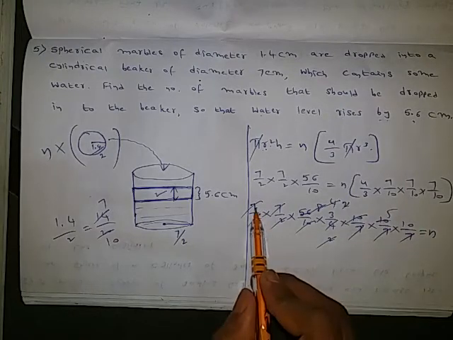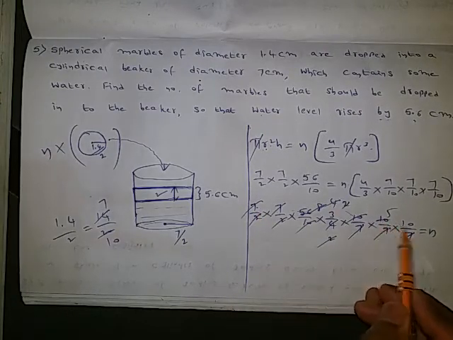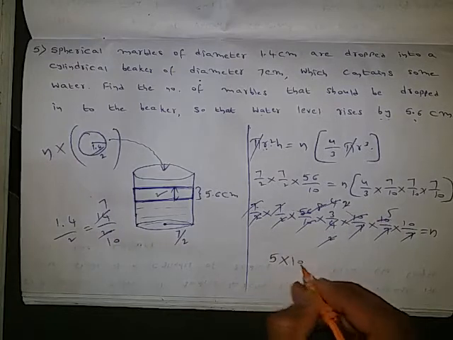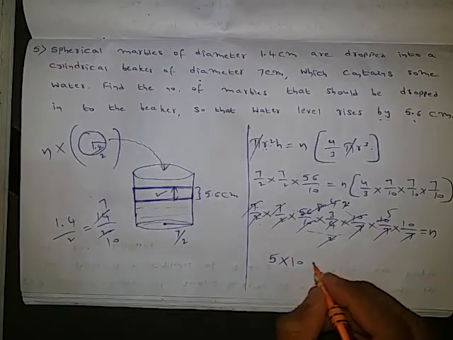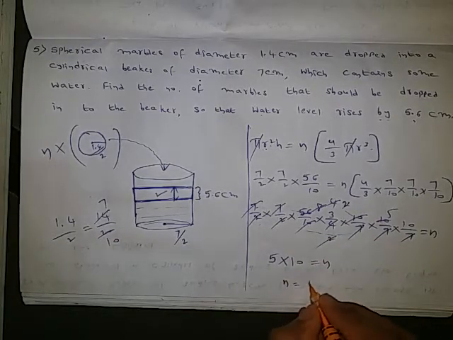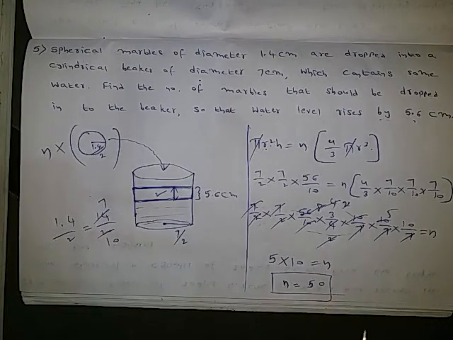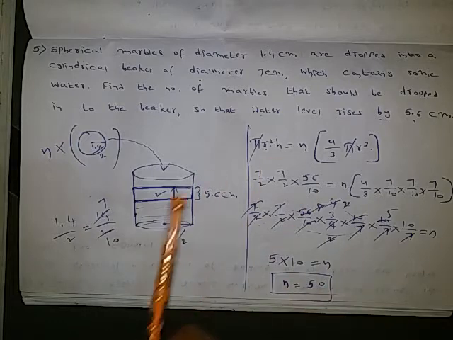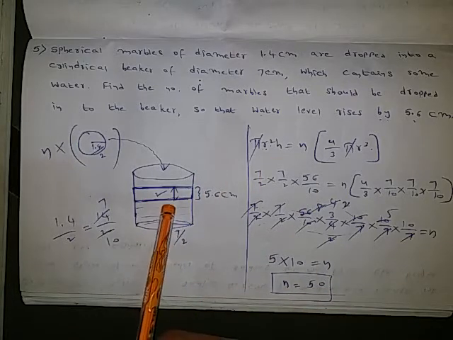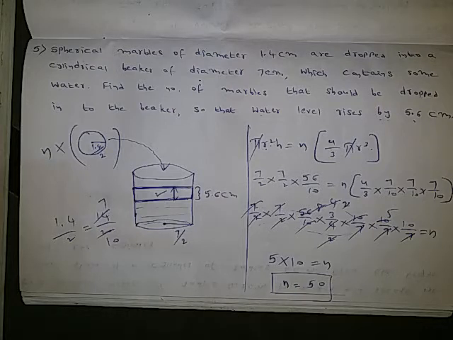So in the numerator 5 into 10. In the denominator nothing is remaining, which is equal to n. So n is equal to 50. It means 50 spherical marbles we need to drop into this cylindrical part. Then the water level rises by 5.6 centimeters.